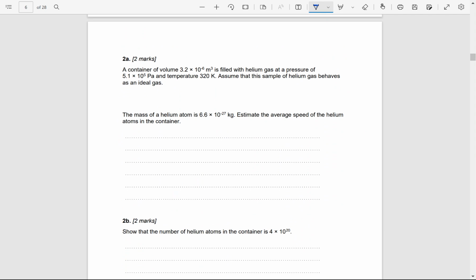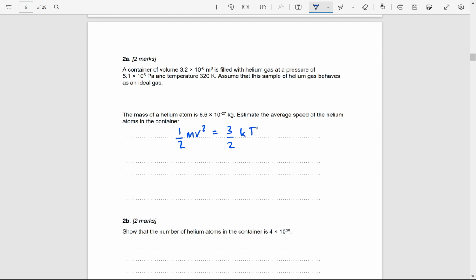Question 2 is a sample of gas, and it starts off asking us to estimate the average speed of helium atoms in a container. So average speed comes from kinetic energy, and kinetic energy is half mv squared. Now, kinetic energy of an ideal gas is also 3/2 kT.